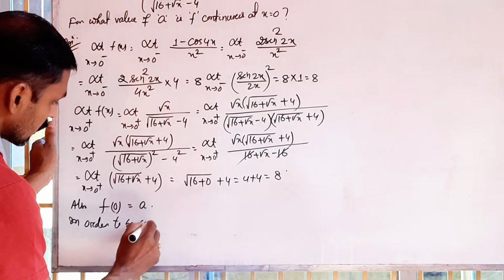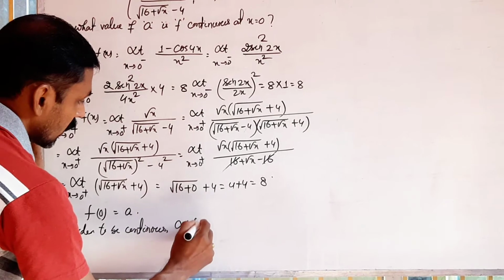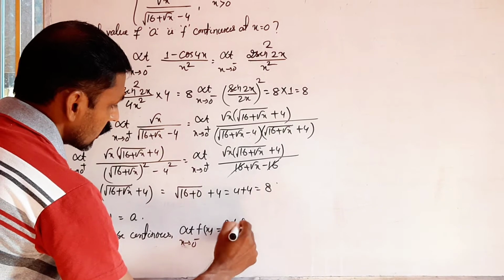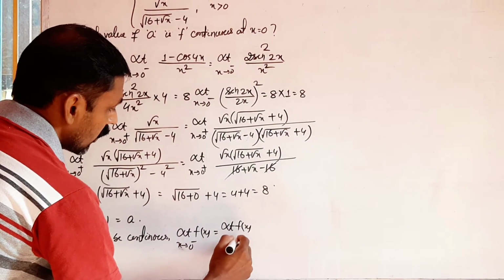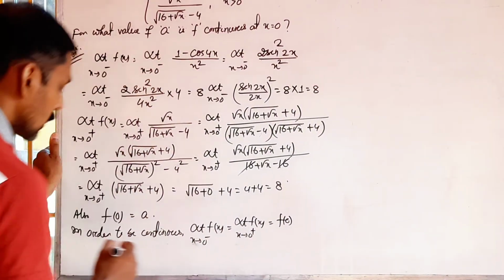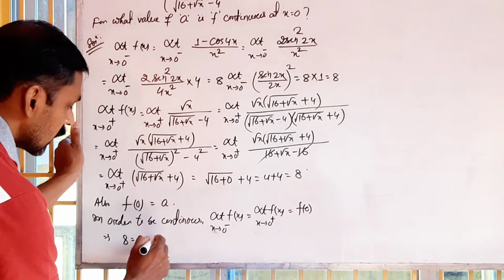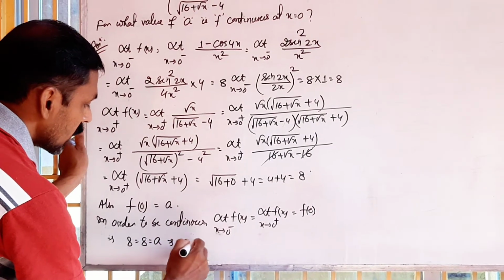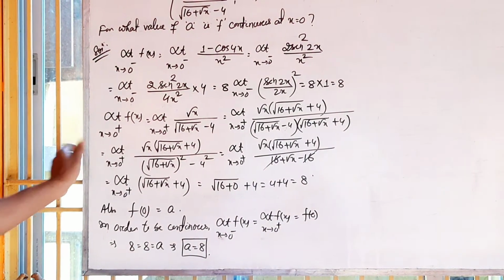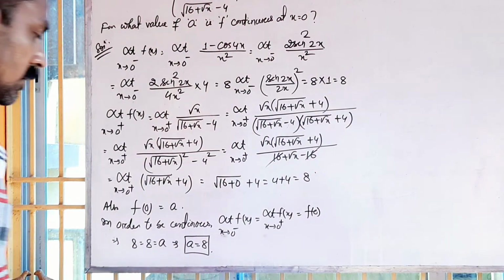To be continuous, limit of f of x as x tends to 0 minus must be equal to limit as x tends to 0 plus, which will be equal to f of 0. That means left hand limit is 8, right hand limit is 8, this equal to 8. So this implies a must be equal to 8. Clear? So for a equal to 8, the function will be continuous.